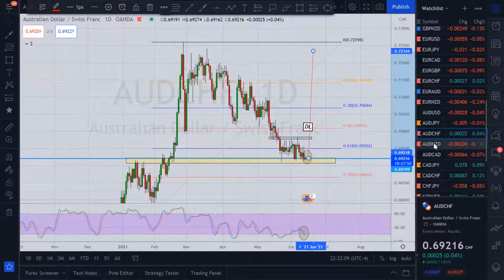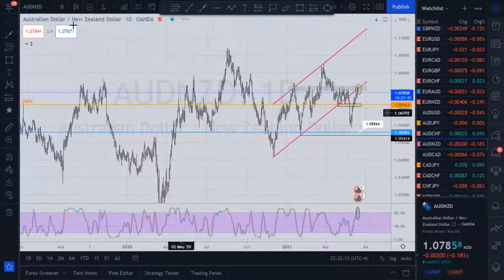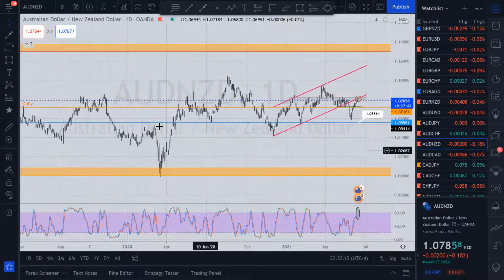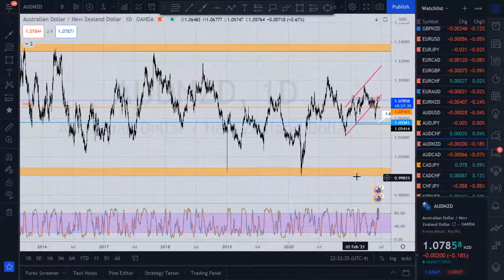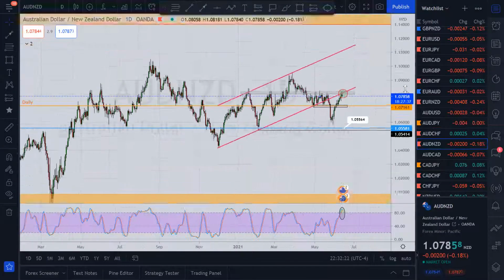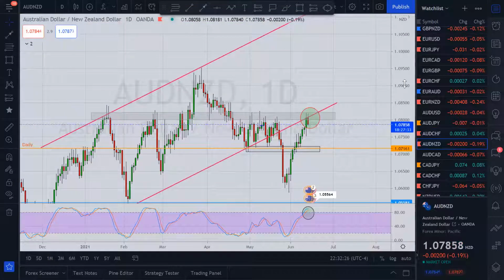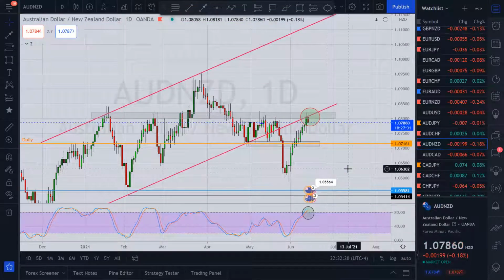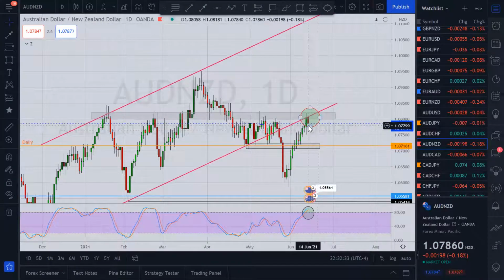Next, Aussie New Zealand. This is a funky one, because I want you to see this on the daily. Look at this. A lot of sideways action. All right. Aussie New Zealand is a funky one because the New Zealand dollar and the Aussie dollar are closely related countries. Their banks are open at the same time, so they're always tussling with each other. All right. Look where price is at right now.